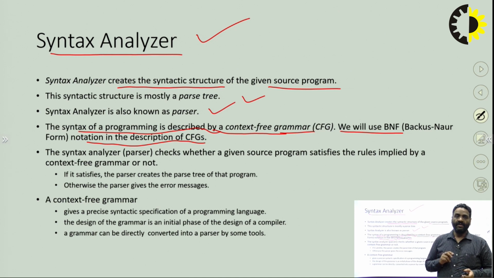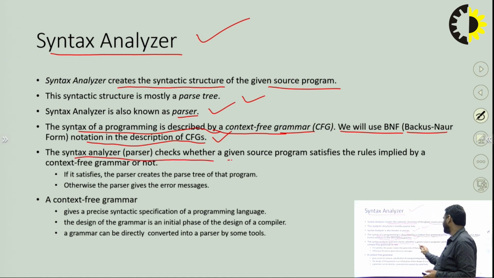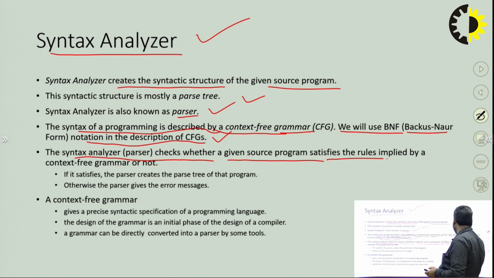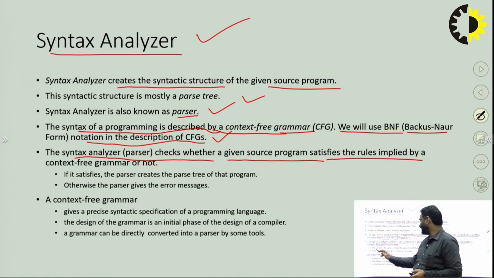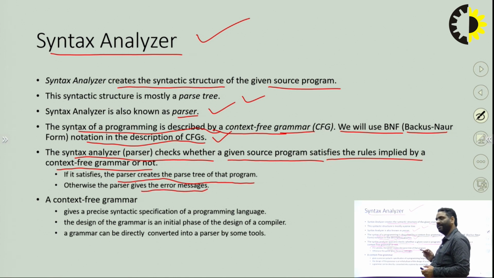First is Backus normal form, which is used by parsers, and second is GNF, which is not beneficial for parsers. Next, the syntax analyzer checks whether a given source program satisfies the rules implied by the context-free grammar or not. If it is satisfied, the parser creates the parse tree of that program. Otherwise, it will show an error message.